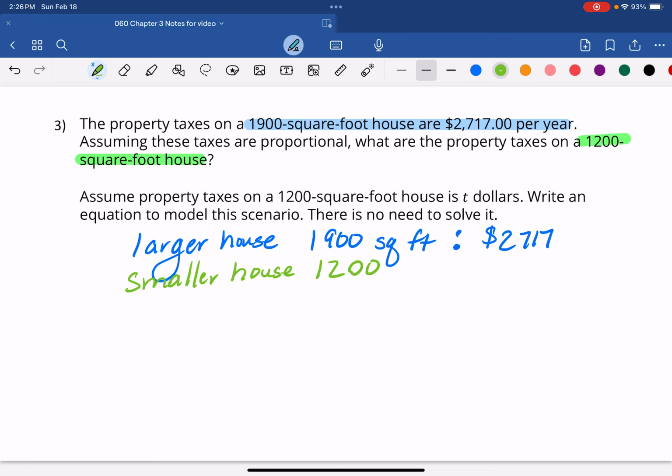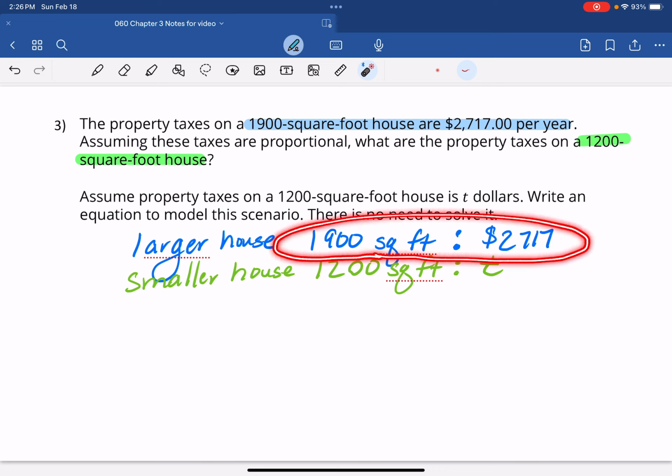Next thing I need to do is figure out how I want to set up my proportion. And there are two ways that you can set up your proportion. The first way is to create your ratio using the houses as your ratio. So this is already written as a ratio, as you can see with the colon here.